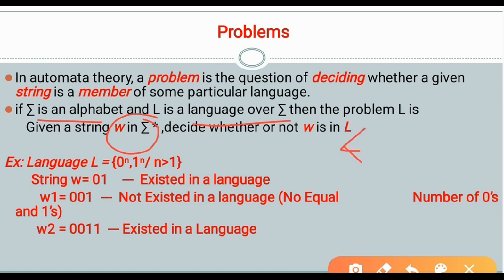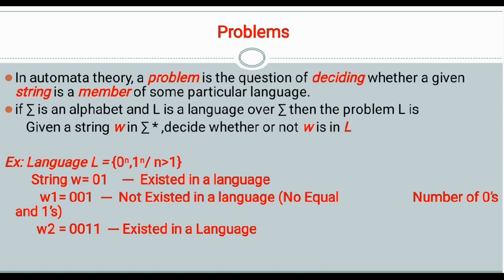You are going to use sigma star, which in the previous class we called the Kleene closure. Sigma star equals sigma to the power 0 union sigma to the power 1 union sigma to the power 2, and so on. That is how you represent whether a particular word exists in the language or not.